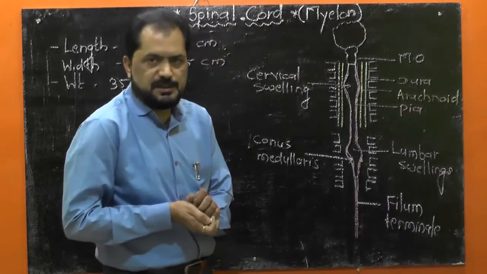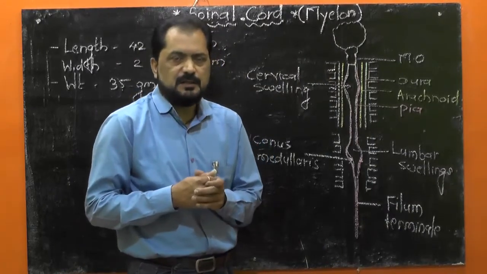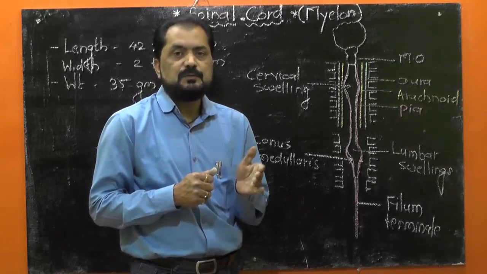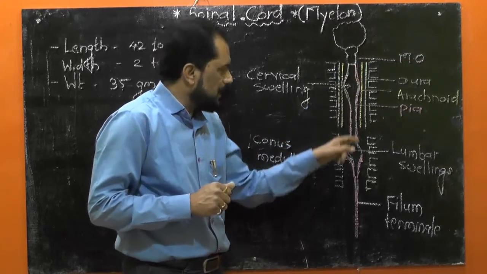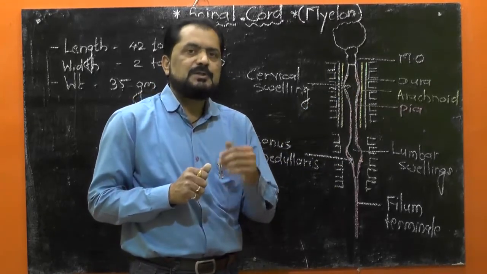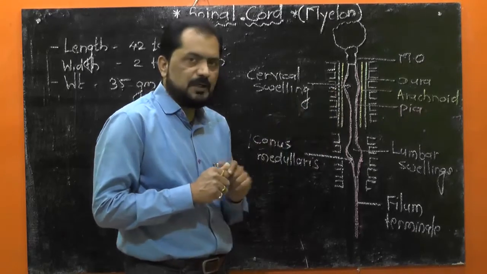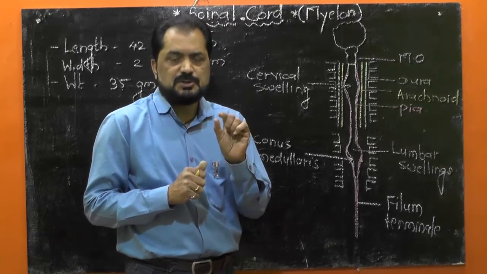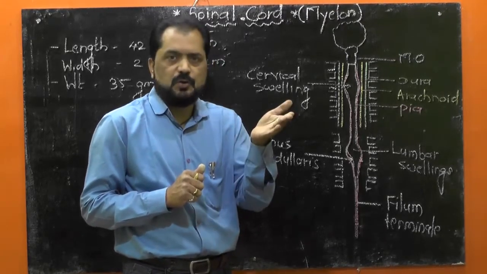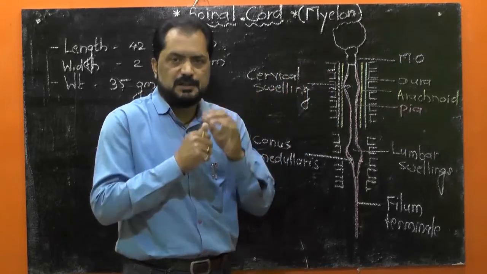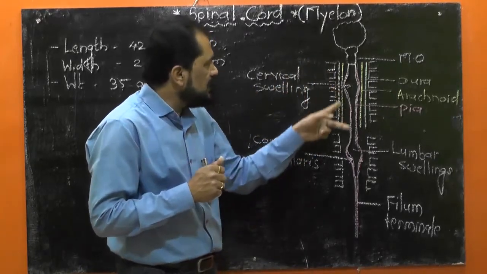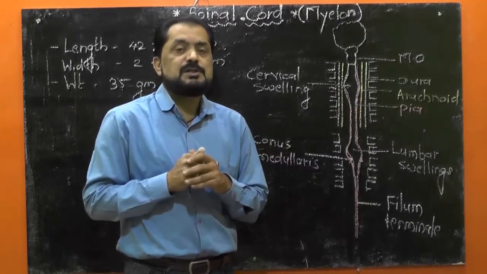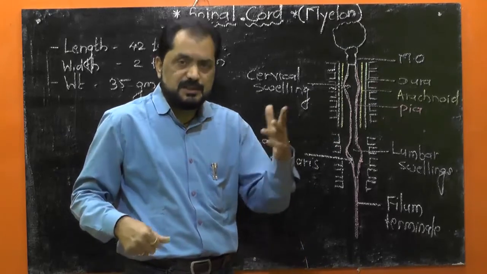Actually these swellings, these enlarged structures, contain a large number of nerve cells, more nerve cell bodies than other parts of the spinal cord. In these 2 swollen parts, the nerve cell bodies, the soma we have learned about, are aggregated in very large numbers. And also from these swellings the nerves are given out which are supplied to the arms and legs respectively.